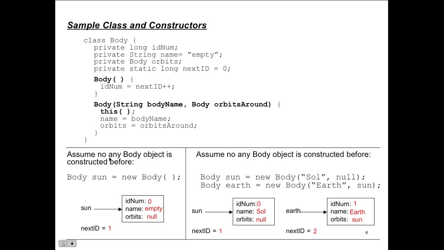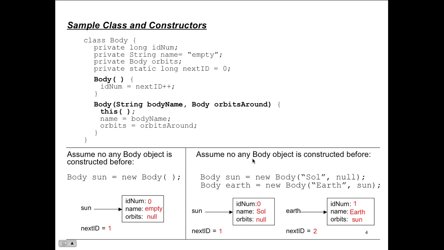When we say Body sun is equal to new Body, then we have sun, ID 0, null, next is 1. We already learned about this one. In fact, this is the proper way of doing it. We're not incrementing this out in the driver program. We're incrementing it in the constructor.